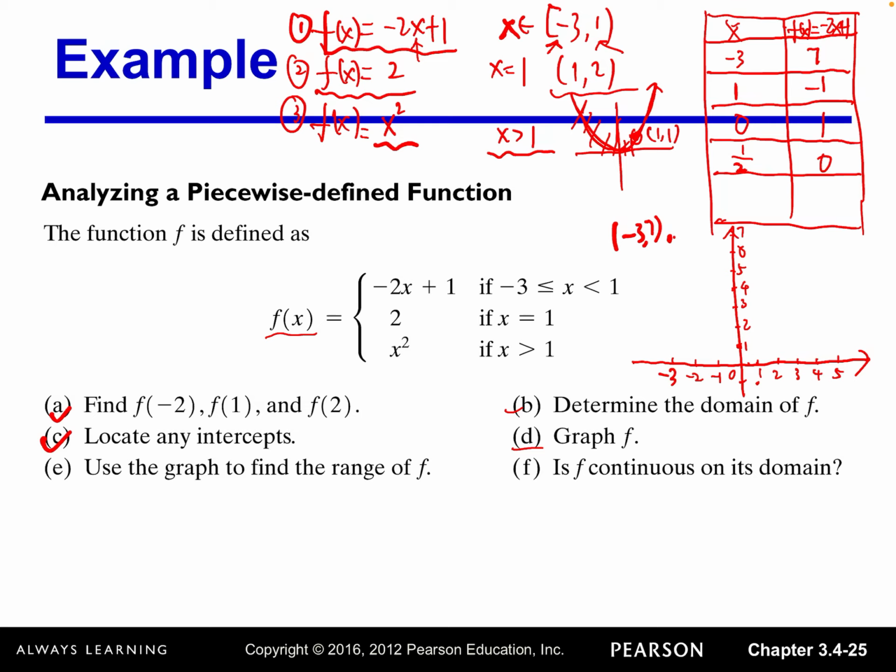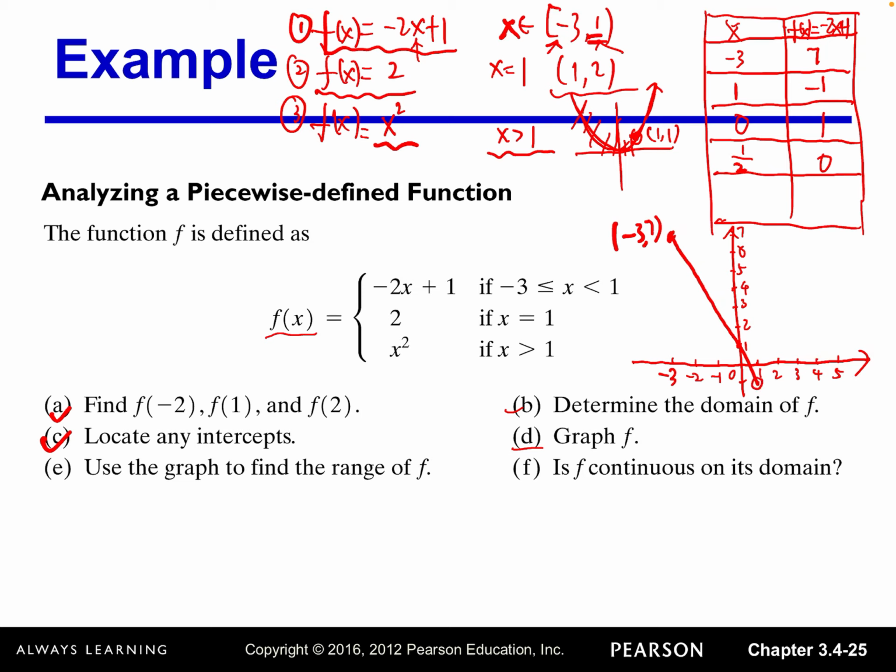My hand graph is not accurate. When x can equal negative 3, that's a solid point. But x cannot equal positive 1, so this point needs to be deducted from this line segment.